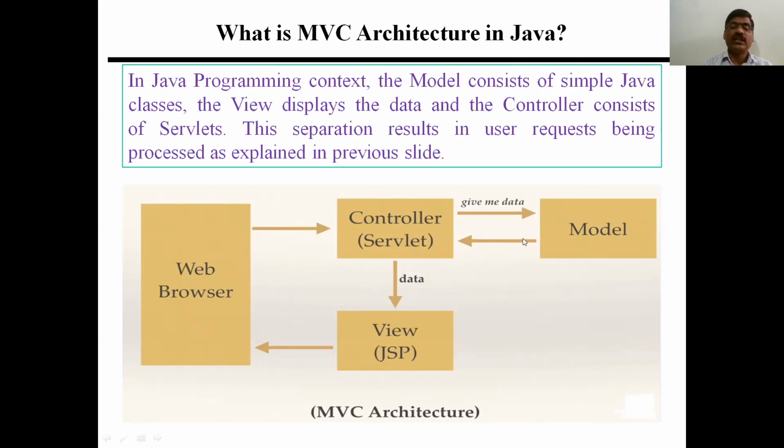That response will be forwarded to the view, which is implemented in the form of either a JSP page or an HTML page, and that view will be displayed onto the web browser. This is what we call the architecture of model view controller, MVC architecture.